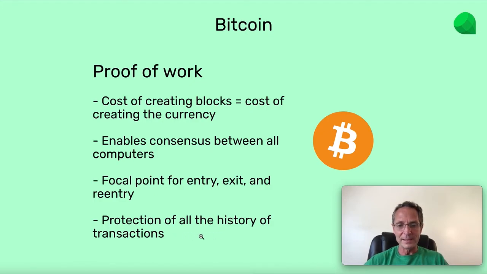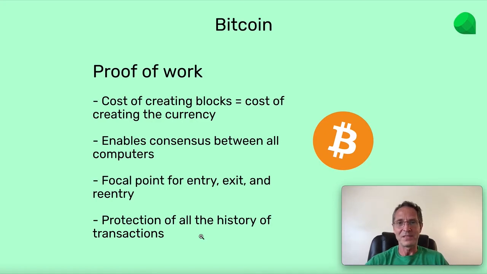Proof of work, this last point is also very important, because Bitcoin has already built around 750,000 blocks until today, more or less. And if anyone wanted to corrupt the past history or change or delete a transaction from a year ago or 2 years ago, they would have to do all the proof of work again.